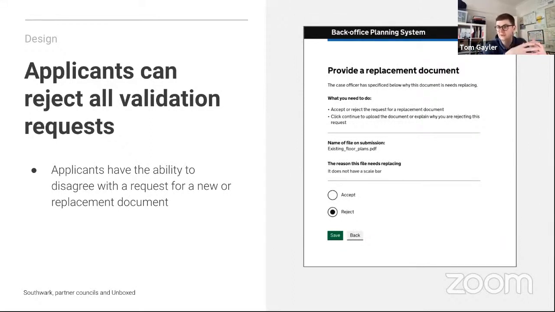To help ensure consistency and also to support officers and applicants to have a strong line of communication, applicants are now given the choice to accept or reject requests for new or replacement documents, as well as other requests which might relate typically to fees. This is important because it ensures consistency across the way these different requests work, and it also supports this transparent, open conversation between the council and the applicant themselves. Next slide, please.